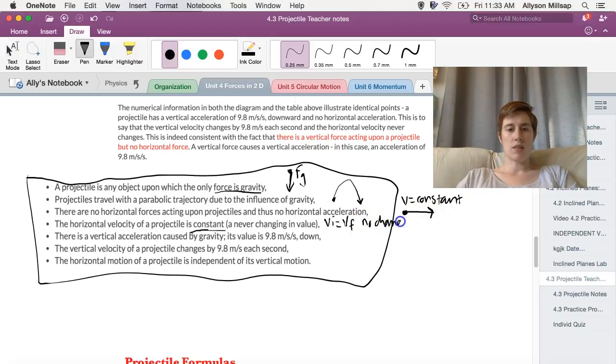It's constant. Now vertically, up is up and down. The vertical speed accelerates because of a vertical force, gravity, and it accelerates by a value of 9.8 meters per second squared in the downward direction.